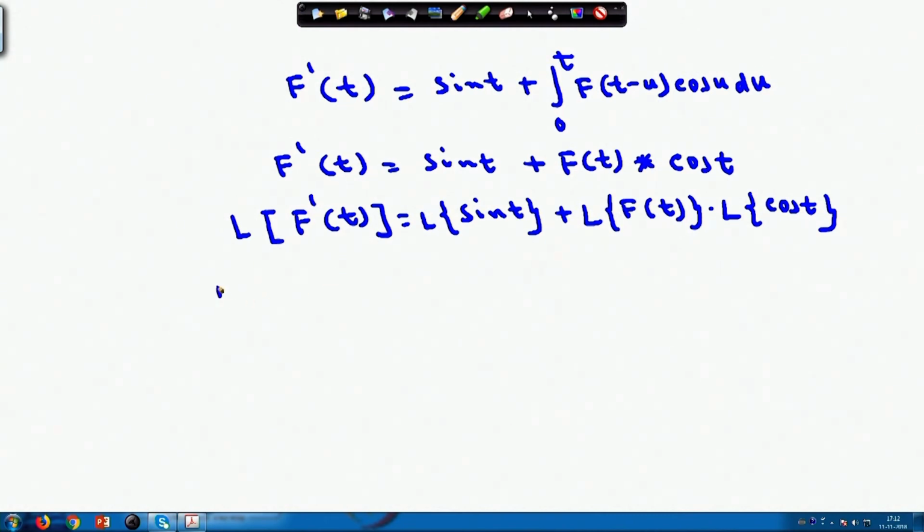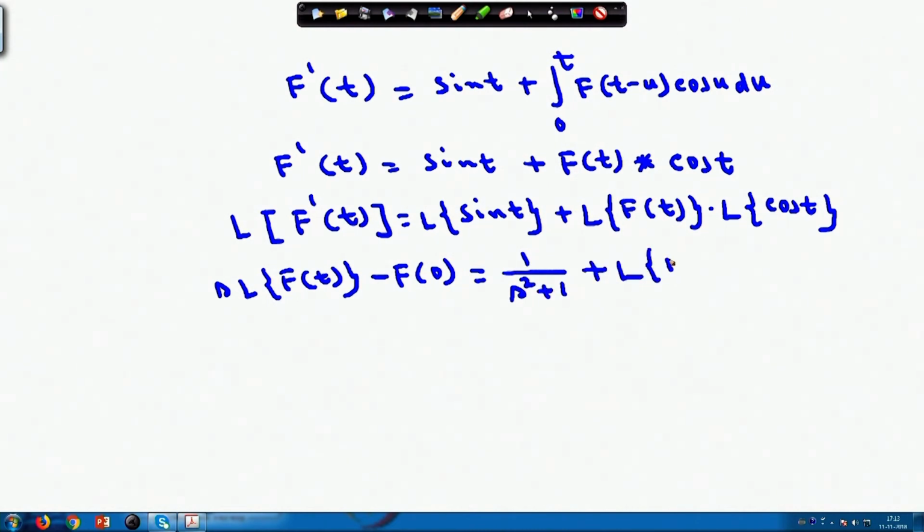From the definition, you can write s L{f(t)} − f(0). The Laplace transform of sin t is 1/(s² + 1), plus L{f(t)} times the Laplace transform of cos t, which is s/(s² + 1), and f(0) is 0. It is given to us.